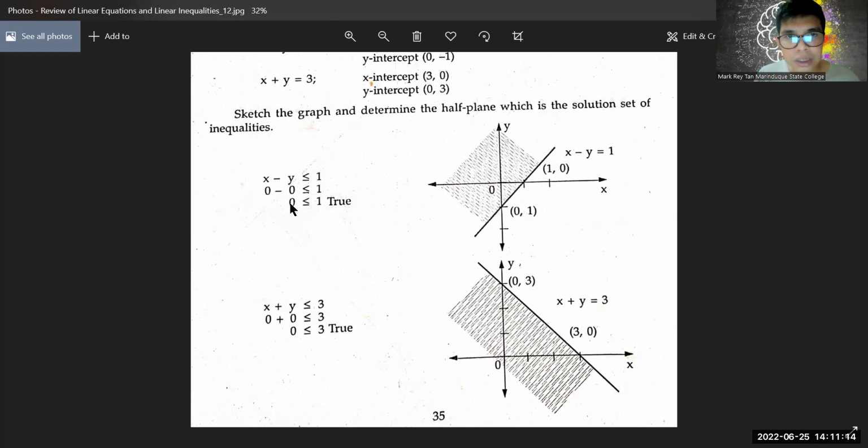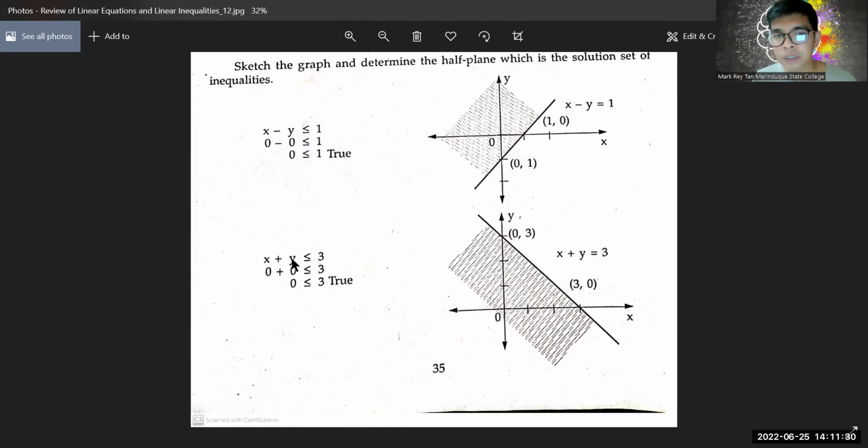Tinest, ito, look at this. 0 is less than or equal to 1. That is true. Right? So therefore, yung origin, part siya ng solution set. On the other hand, yung pangalawang inequality natin, 0 is less than or equal to 3. Ayan.